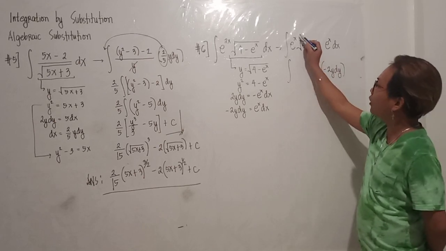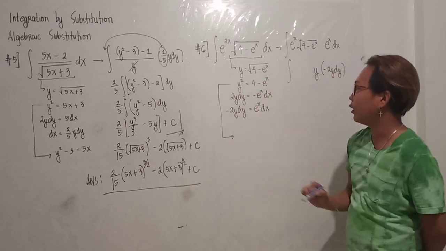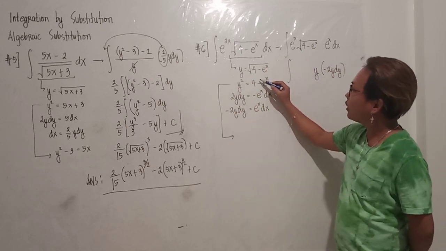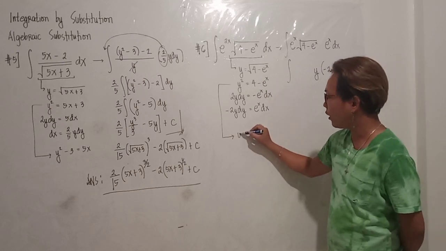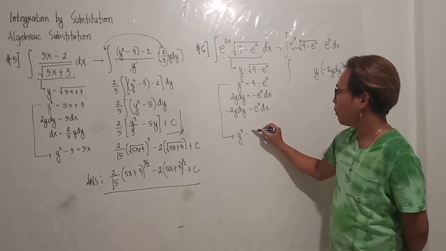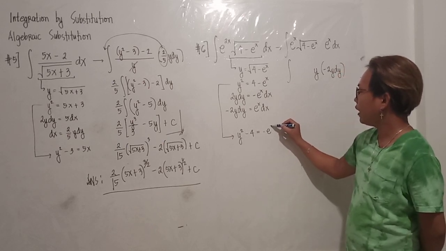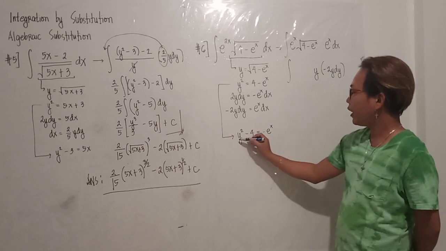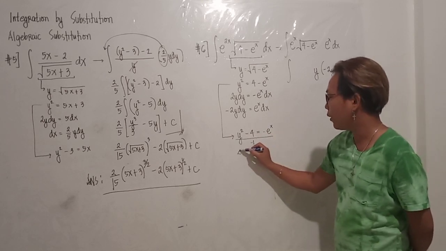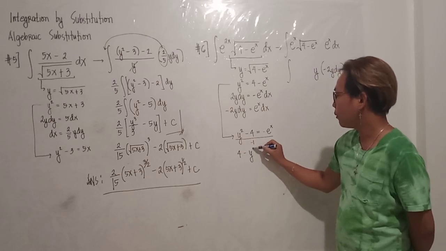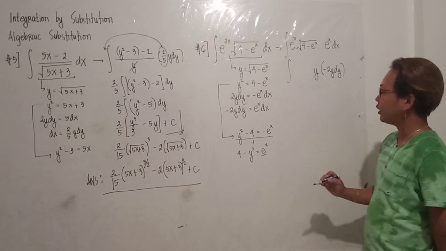Then how about your e raised to x? You can get your e raised to x through this equation. Transposing this quantity to the other side, you will now have y squared minus 4 equals negative e raised to x. Then dividing both sides to negative 1, you will now have 4 minus y squared equals e raised to x. And this is your e raised to x.